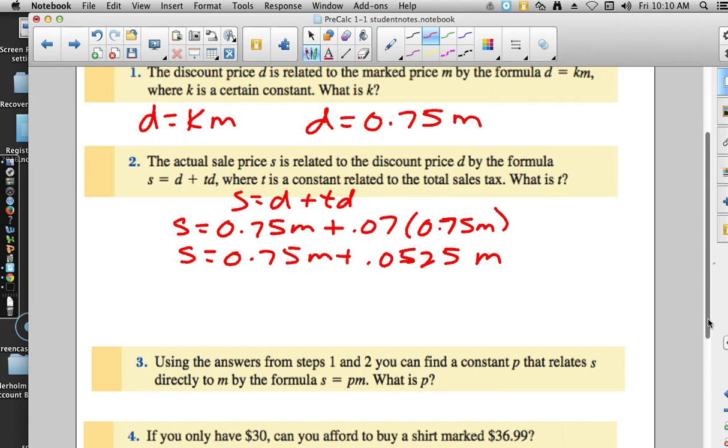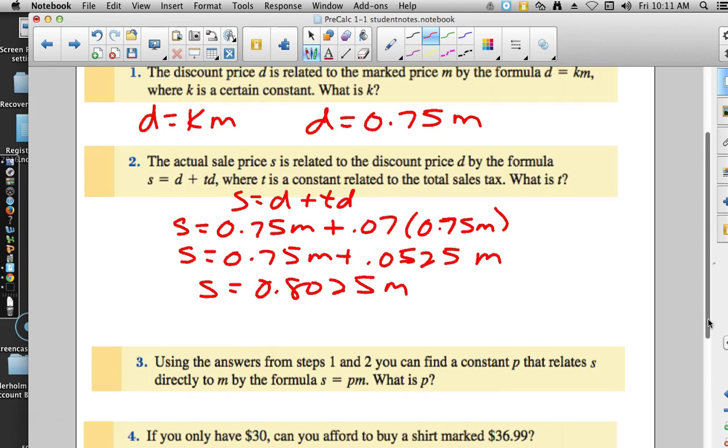Maybe I can take this down to 1 step if I have a calculator in the store and just add that together. So now if we grab an item and we have a calculator in the store, we can just take the price that's on the tag times 0.8025 and we'll know exactly what we're supposed to pay when we go up to the register.